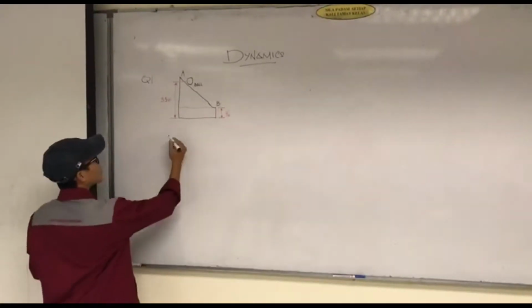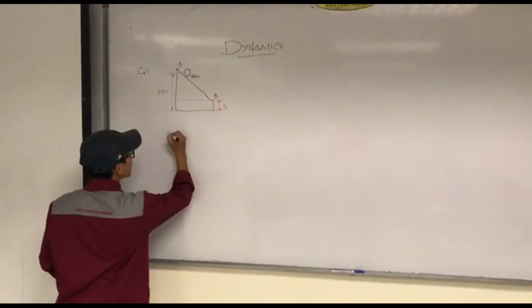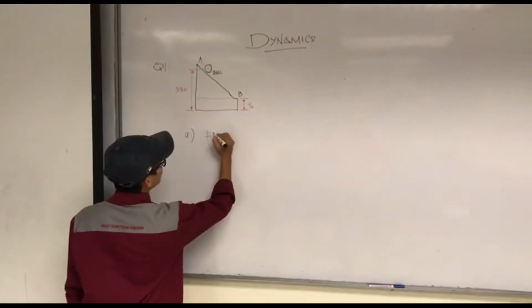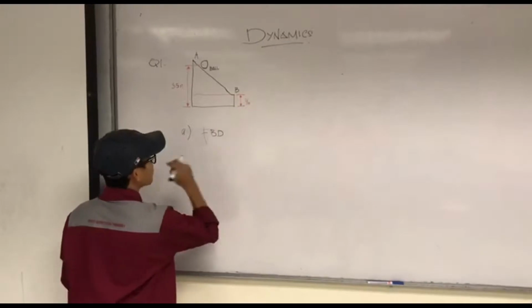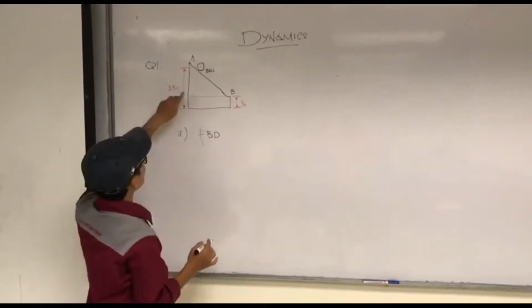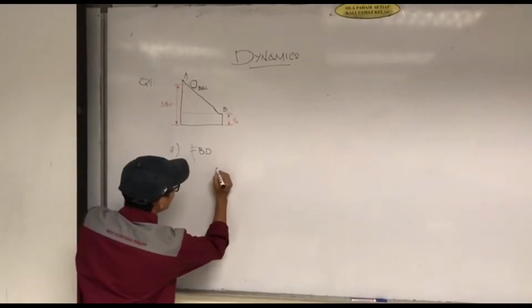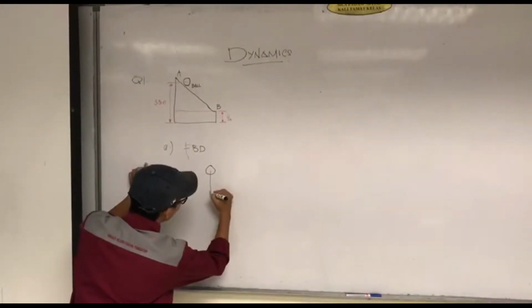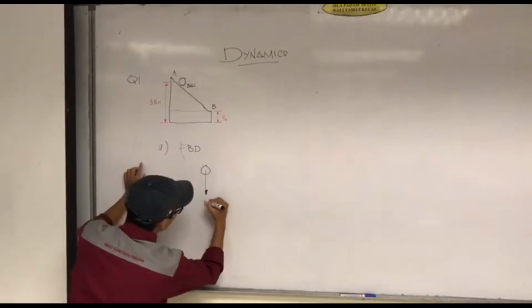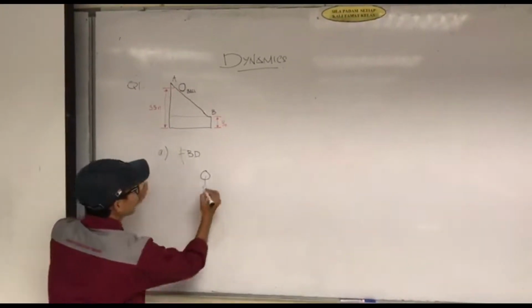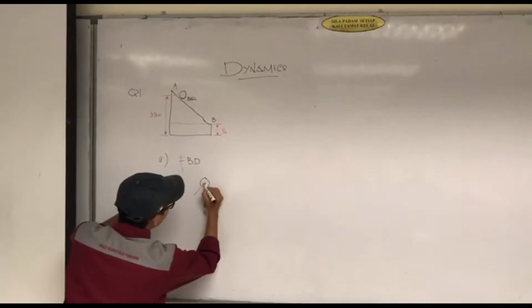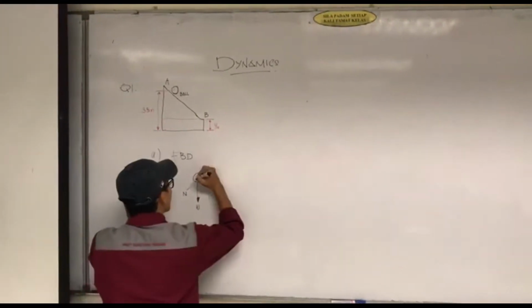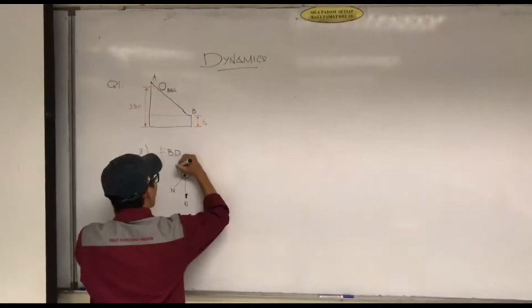We must draw the FBD diagram. So the FBD of the ball, we get the weight, and then we get the Newton, and then we get the force.